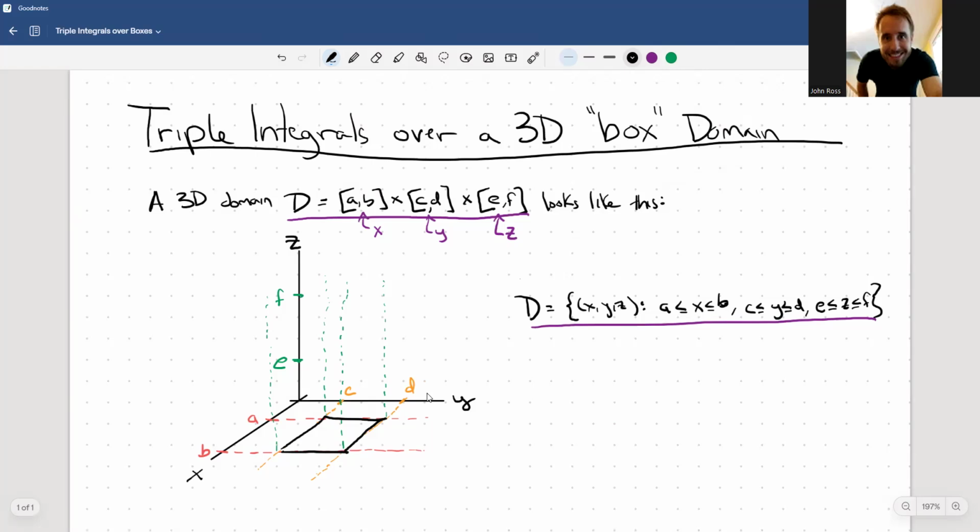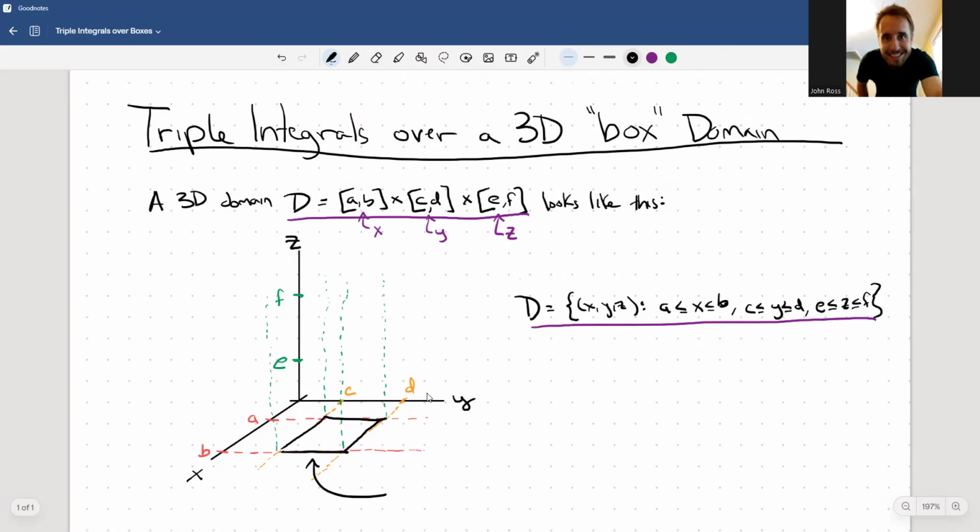However, our new three-dimensional domain is not just going to be sitting in the xy plane, it is in three-dimensional space. And so I think it is worth pointing out that what I just drew in black, that rectangle down there, is not really my 3D domain D. It is the shadow that D will end up casting down onto the xy plane.